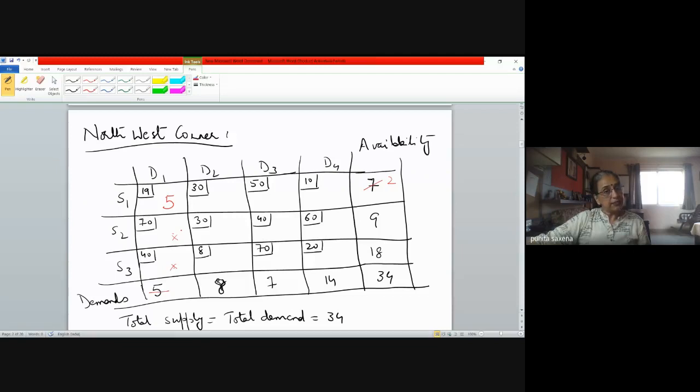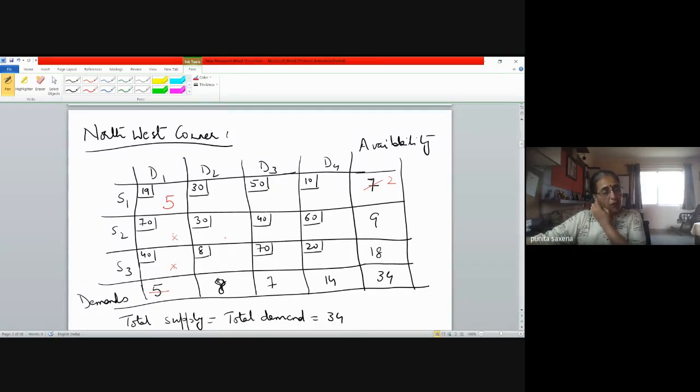Is this clear? I can repeat it again if you're writing somewhere: if the allocation made in this cell S1, D1 is equal to B1, then we move horizontally to the next cell. But if the allocation made in this cell is equal to A1, then we move vertically down to the next cell. And make the adjustments accordingly, the way I have done.